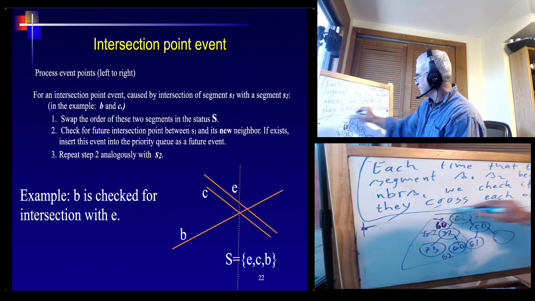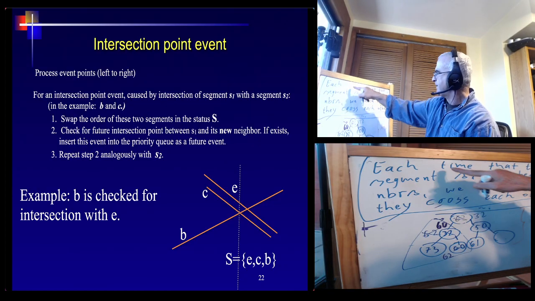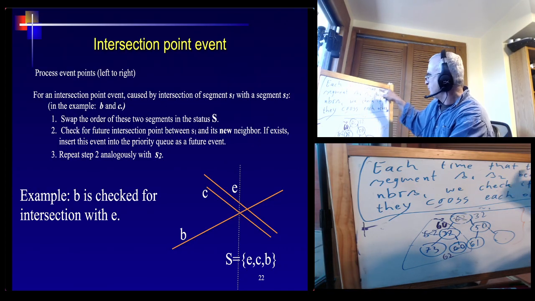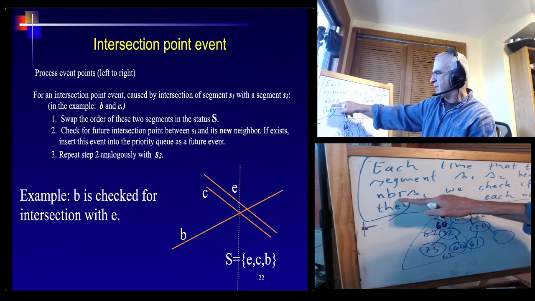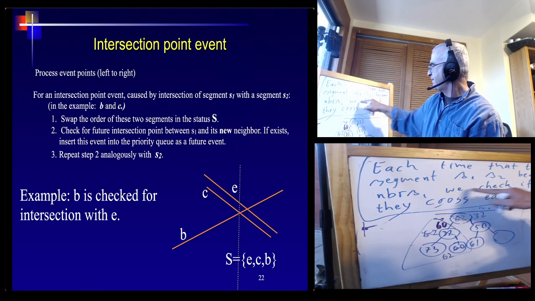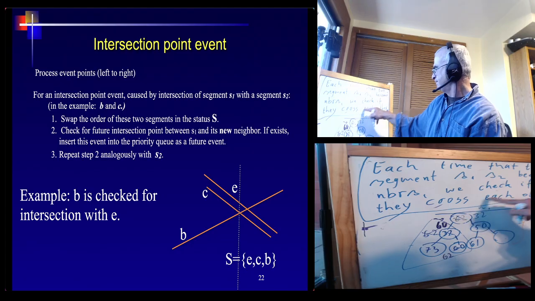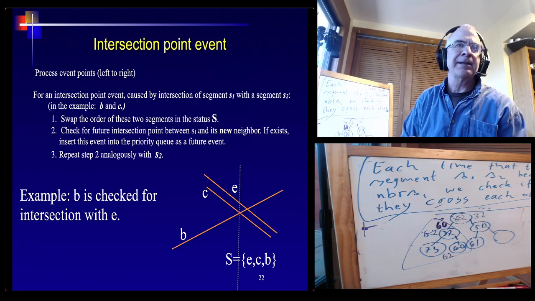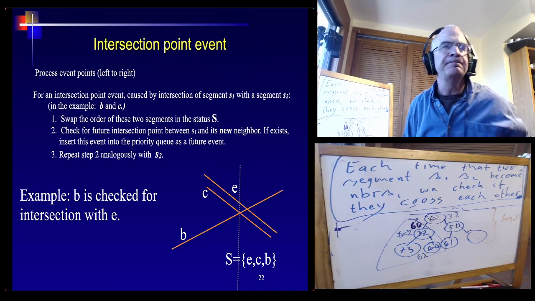This is my mantra for all types of events. Every time that some two neighbors, S1 and S2, are becoming immediate neighbors, we check if they intersect each other, and also if they intersect in the future. And if yes, we put it as an event in the priority queue.